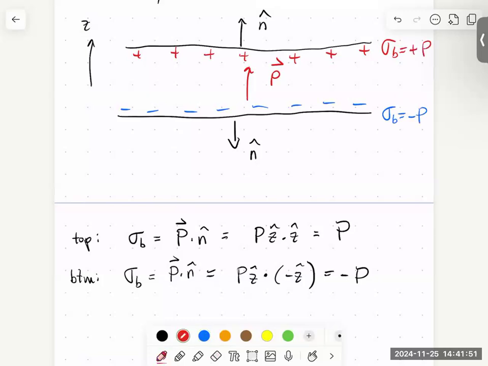All right. So we're going to try to find the electric field due to this. But we already know how to calculate electric fields for a sheet of charge. What would you do if you had a sheet of charge and you wanted to know the electric field? What tool would you use to find that? Gauss's law. Does anyone remember what the answer is?